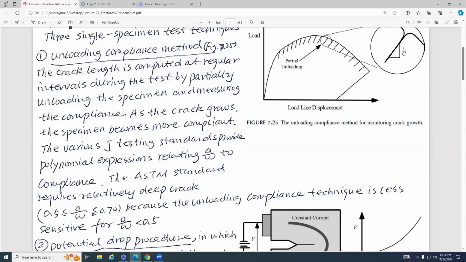However, if the crack grows bigger, we can very easily see the difference of the compliance for different crack lengths. So this is the first technique, the unloading compliance method. If I ask you to draw the diagram, that means I want this figure, okay? Don't be confused.